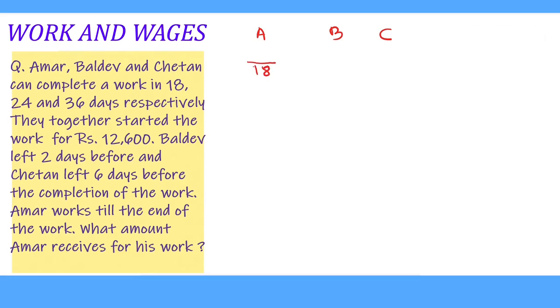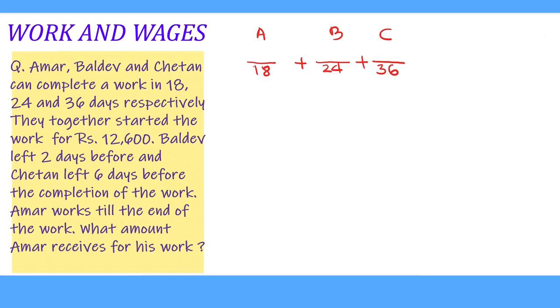B can complete the work in 24 days, so I am putting the denominator of B as 24, and C can complete the work in 36 days, so for 1 day work of C, the denominator I am putting as 36. So 1 upon 18 is the 1 day work of A, 1 upon 24 is 1 day work of B, and 1 upon 36 is 1 day work of C.